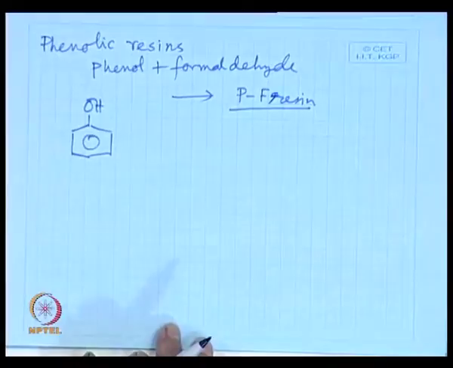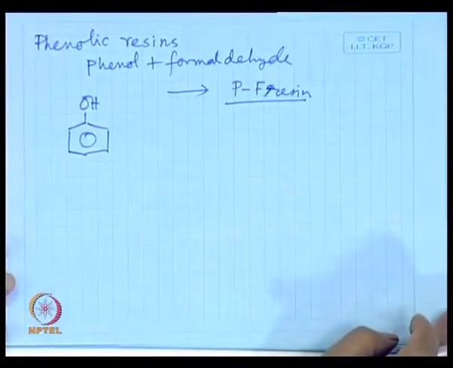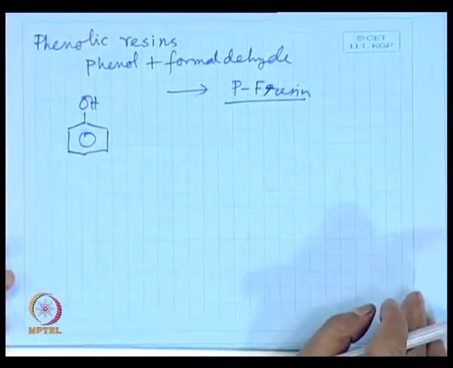Now, at this point I must mention one thing. For synthesizing a polymer, the minimum requirement of functional groups is 2. So, if you want to make a polymer, you have to select a monomer which must have 2 functional groups.